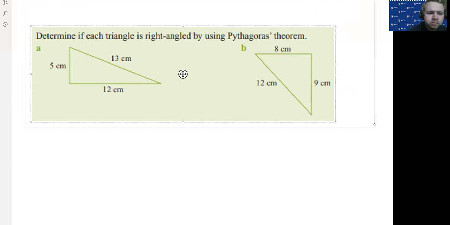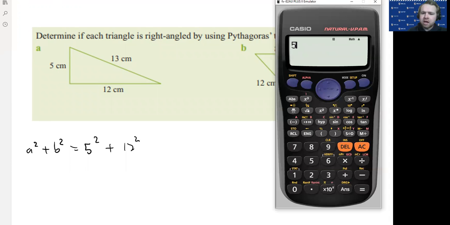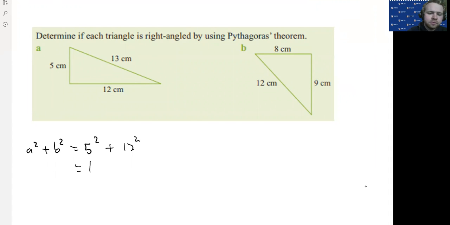We're going to say a squared plus b squared, those are the short sides, equals, so a is 5. It doesn't matter which one is a or b in this instance. So 5 squared plus 12 squared. We put that in our calculator, 5 squared plus 12 squared, and that gives us 169.